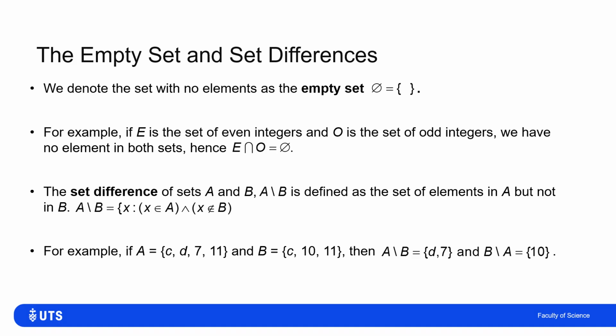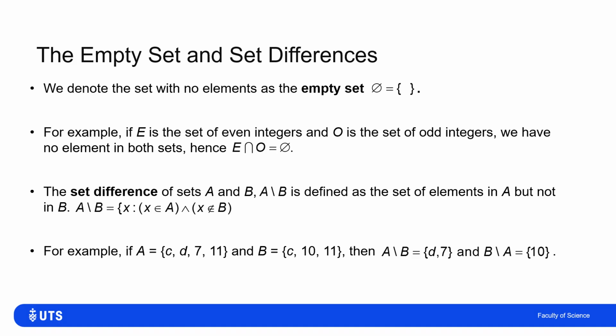So if I take an example here, and I'm deliberately going to mix numerical and non-numerical elements. The set A contains C, D, 7, and 11. And the set B contains C, 10, and 11.